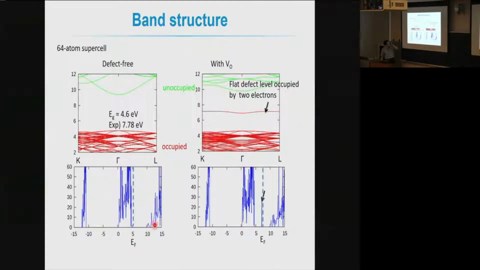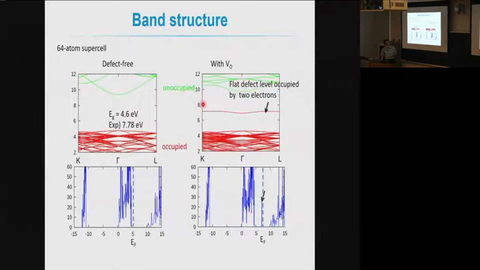this is the conduction band. On the other hand, when you introduce the oxygen vacancy and plot the band structure from K to gamma to L, you can see that the occupied and unoccupied bands look more or less similar to the perfect crystal. But one distinct difference is that within the band gap, one flat band develops, and it is occupied by 2 electrons. You can see this from the color.